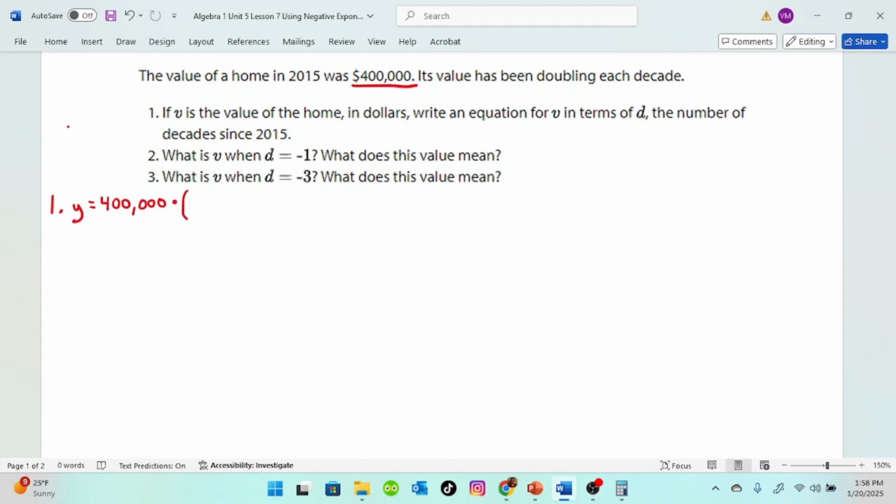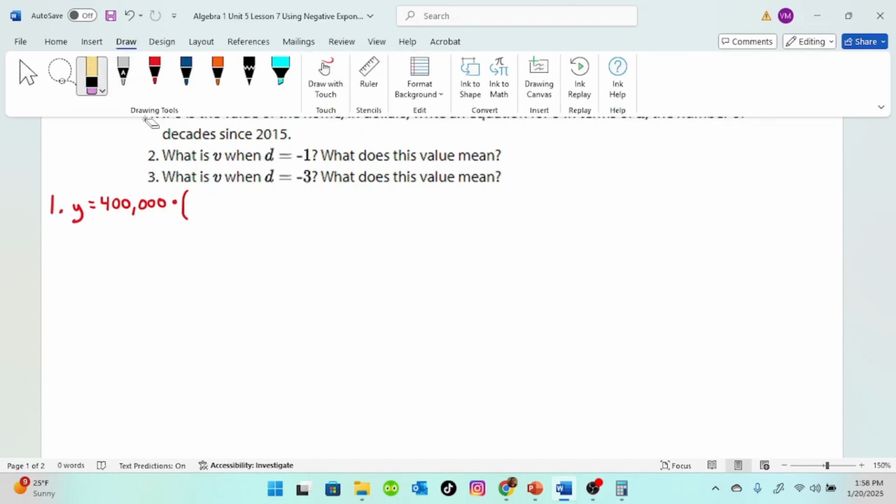Well, the growth factor, they tell us it's doubling each decade, so that growth factor is going to be 2.